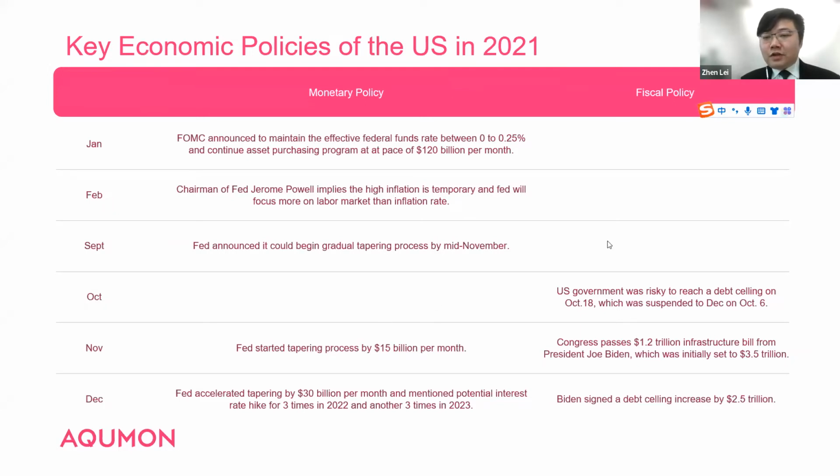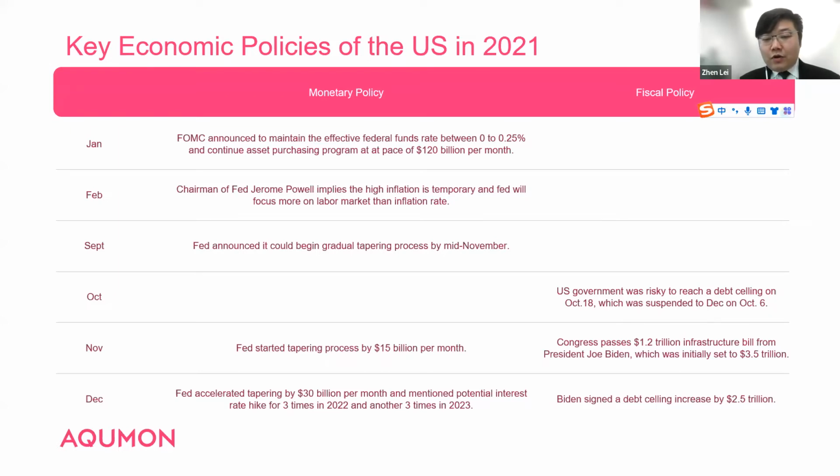And for the fiscal policy, the first important thing is that before October, the US government was at risk of reaching a debt ceiling on October 18th, which was suspended to December on October 6th.